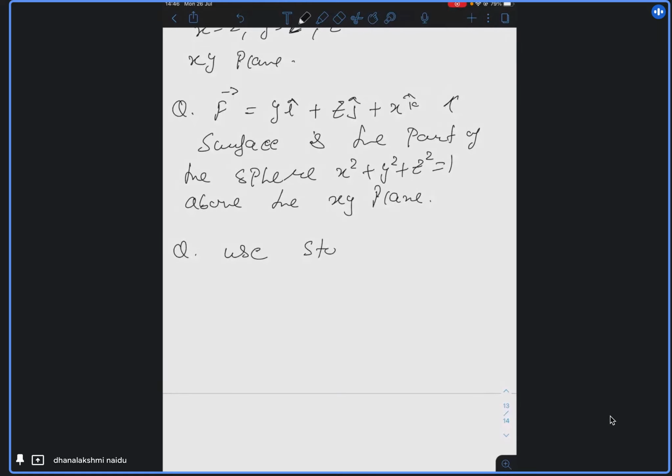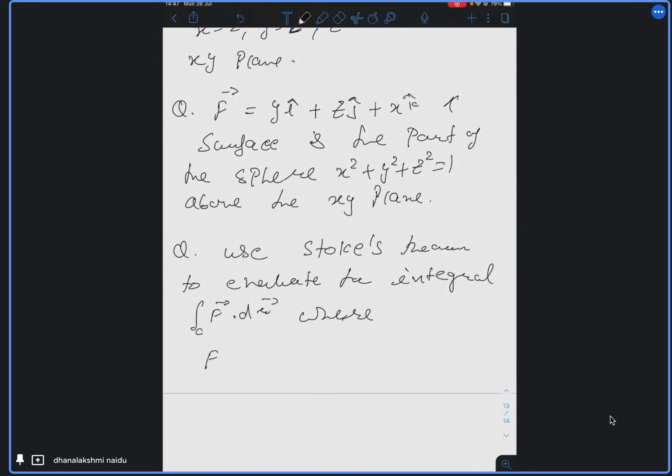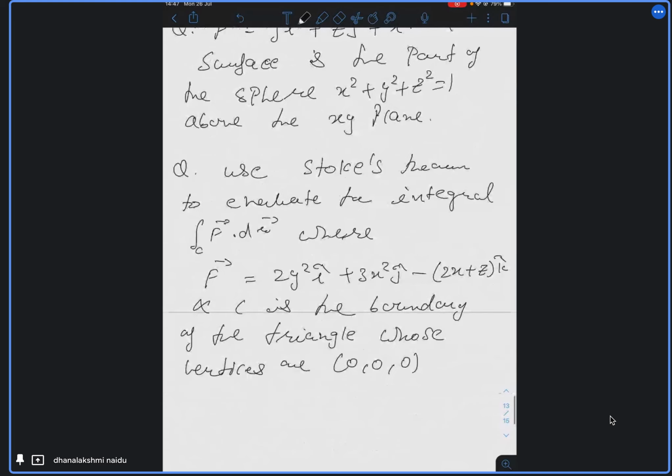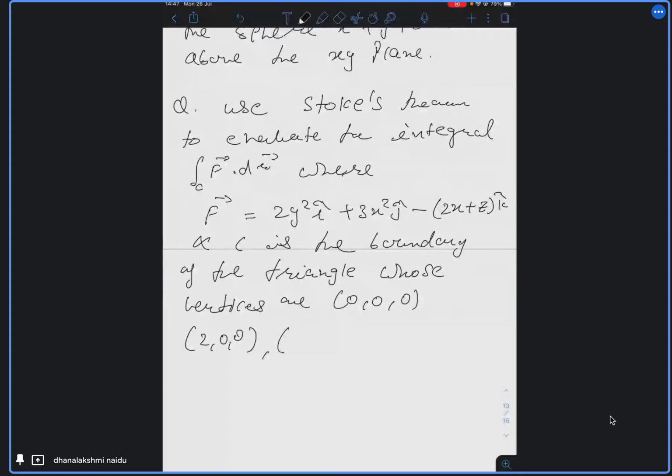Okay, use Stokes theorem to evaluate the integral of f bar dot dr bar, where f bar is 2y square i plus 3x square j minus (2x plus z)k, and C is the boundary of the triangle whose vertices are (0,0,0), (2,0,0), and (2,2,0).